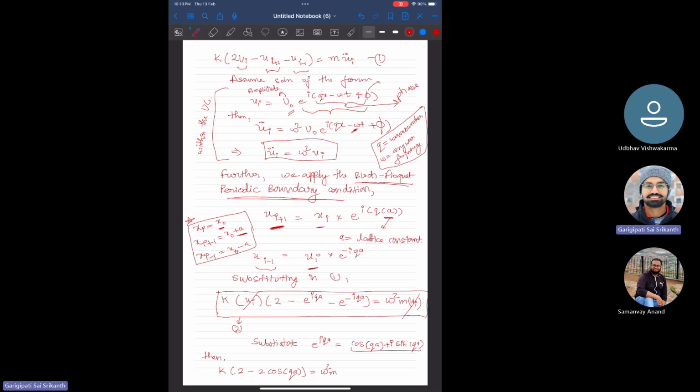How did we get this? Like here in the formula, instead of x naught, just substitute x naught plus a or x naught minus a. If you substitute that, you'll get this. So this is how the Bloch periodic boundary condition essentially connects adjacent unit cells.